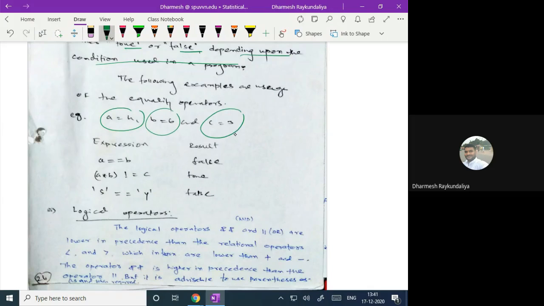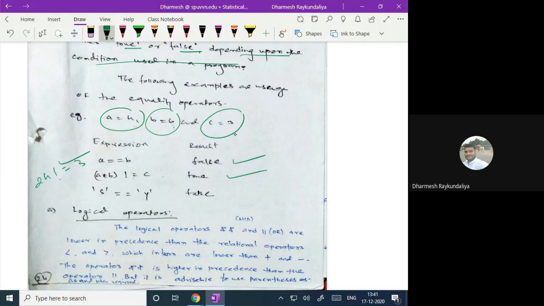Now it is asking whether a equals b. Here a is 4 and b is 6, so we cannot say that a equals b, so the result is false. Now a into b not equal to c. So a is 4, b is 6, 4 sixes are 24, and 24 is not equal to 3. So that is correct, and the result is true.